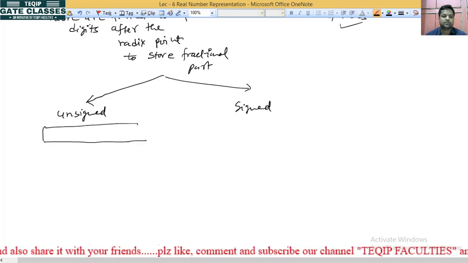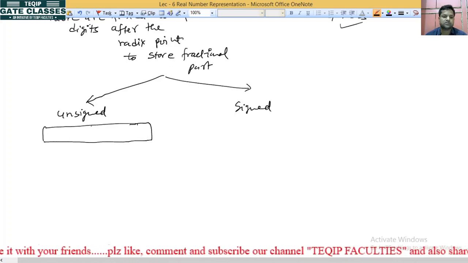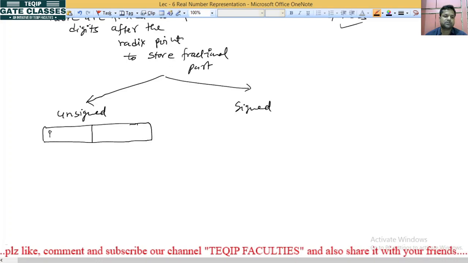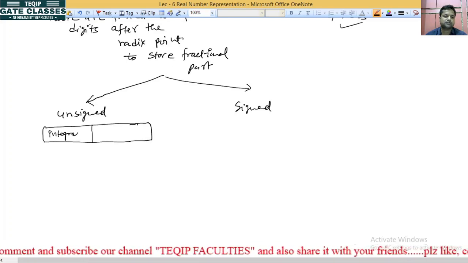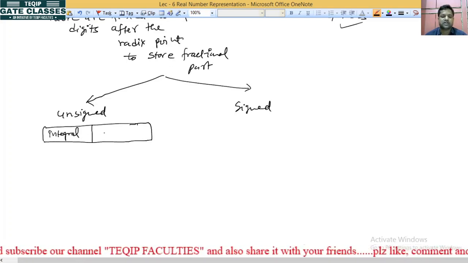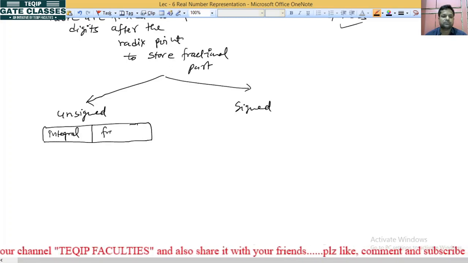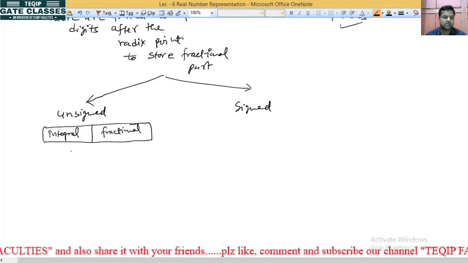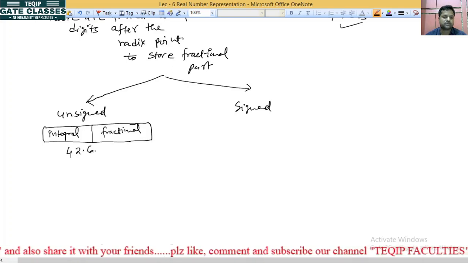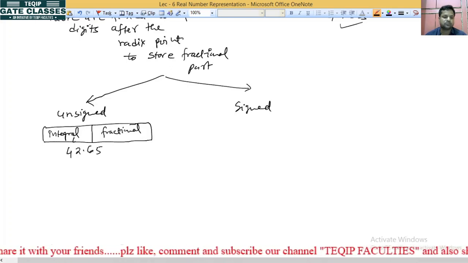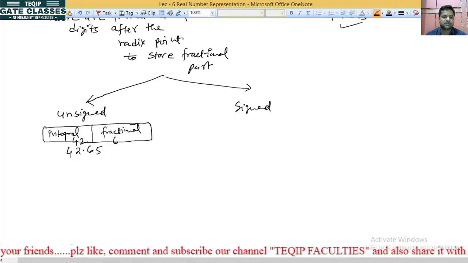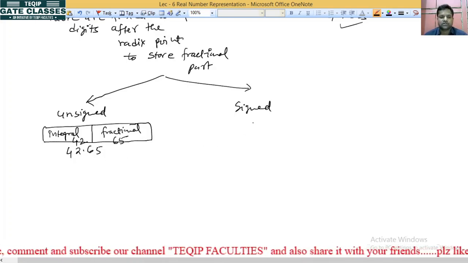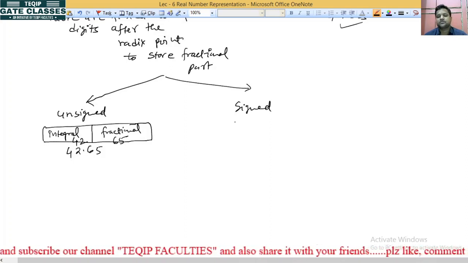The format will be like this. We have two parts in it. The first part will store integral value, the second part will store fractional, है ना. तो अगर if we have 42.5 then 42 will be stored here, 5 will be stored here, है ना.